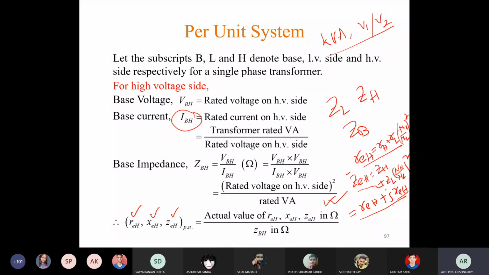If anyone has any doubt, you can ask. Transferring parameters, or referring, is very important for this chapter. You have to understand this very clearly. Sir, what is the subscript PU? Per unit? PU means per unit.